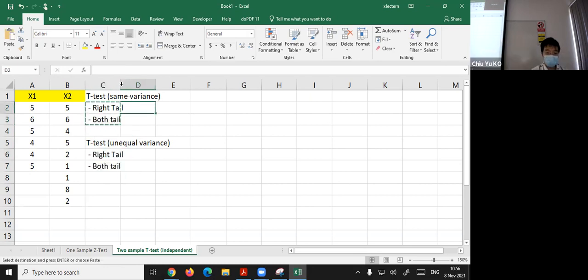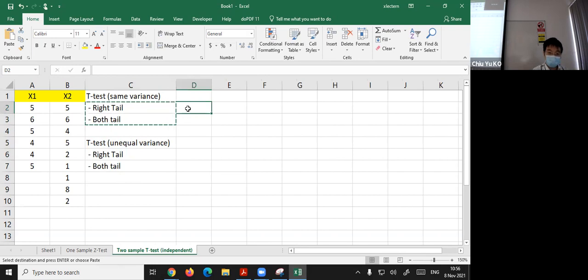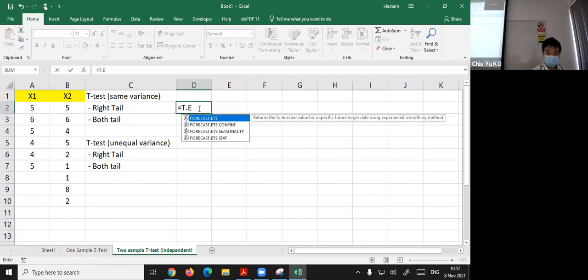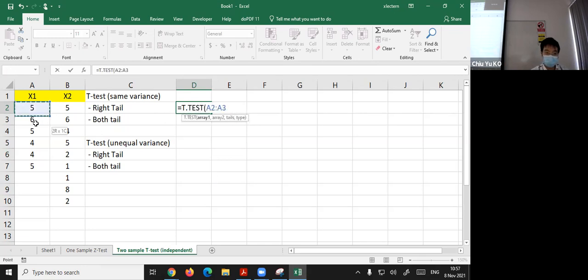So what's the formula here? Right tail will be just T.TEST.